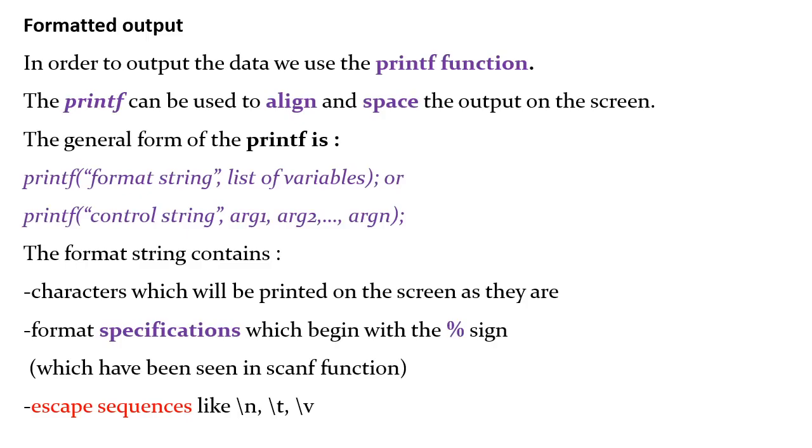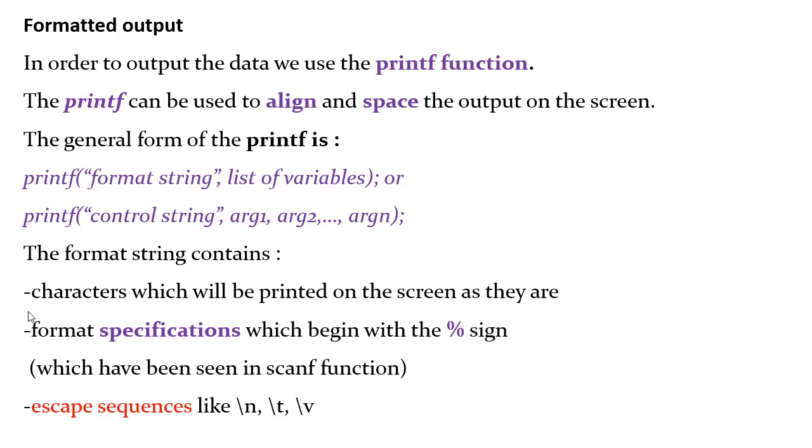In order to output data, formatted output, we use the printf function. The printf can align or space the output on the screen. For example, printf format string, list of variables, or printf control string, arguments 1, 2, 3 and so on.